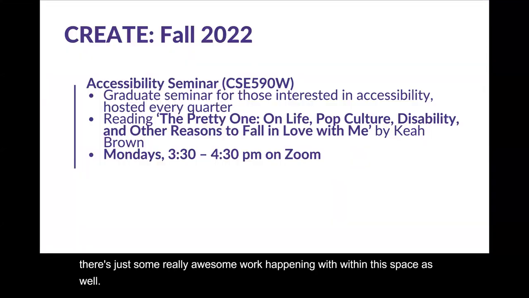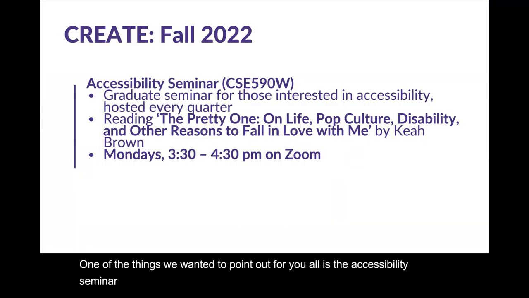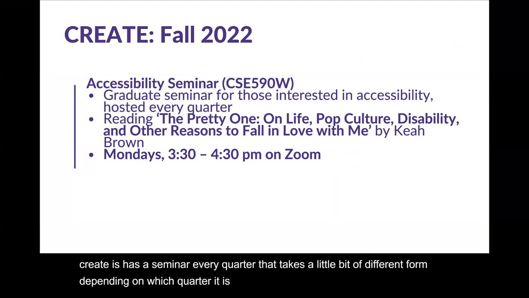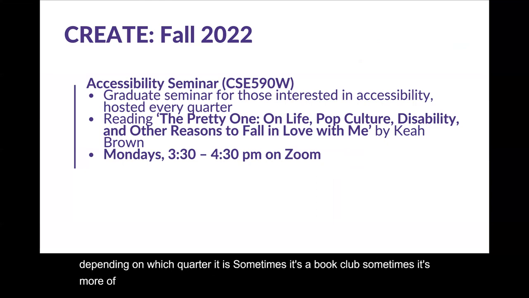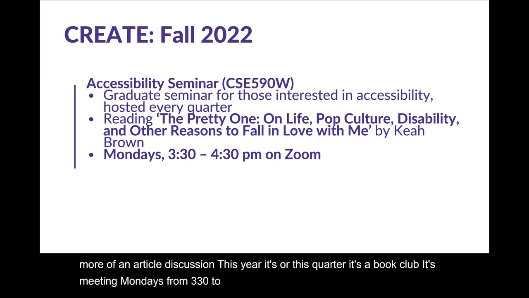One of the things we wanted to point out for you all is the accessibility seminar. Create has a seminar every quarter that takes a little bit of different form depending on which quarter it is. Sometimes it's a book club, sometimes it's more of an article discussion. This quarter, it's a book club. It's meeting Mondays from 3:30 to 4:30 on Zoom.